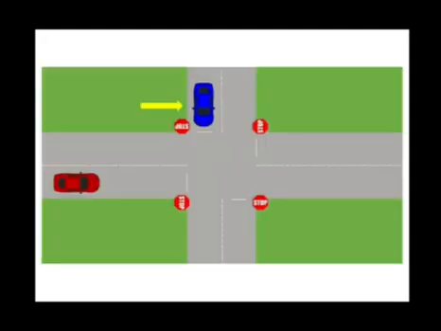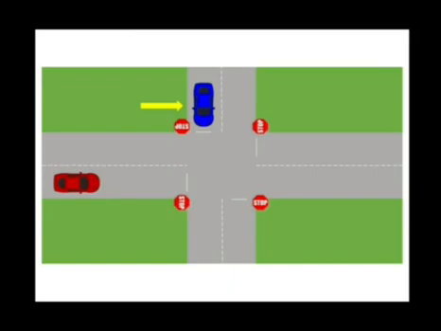This picture is of the four-way road. The four-way road is designed in such a way that one road crosses another road, meaning one road is touching another road from between.